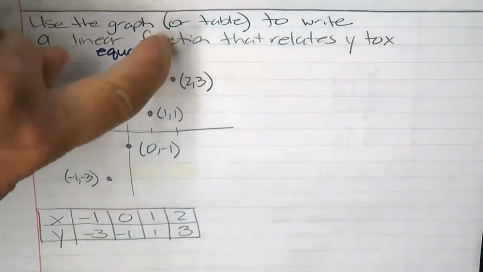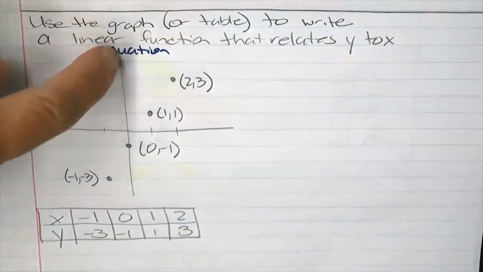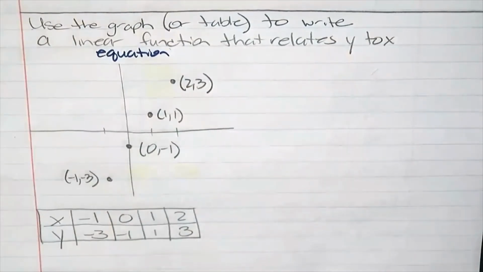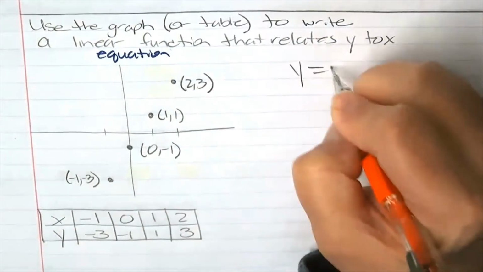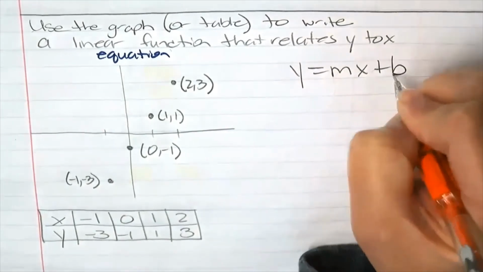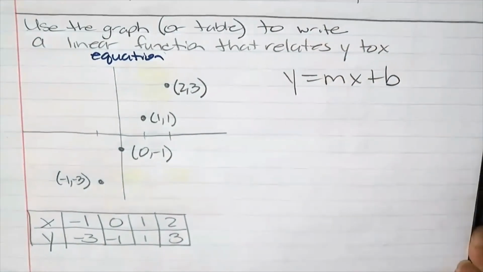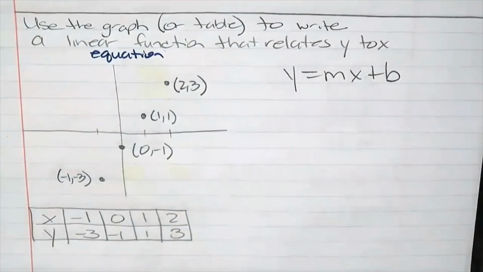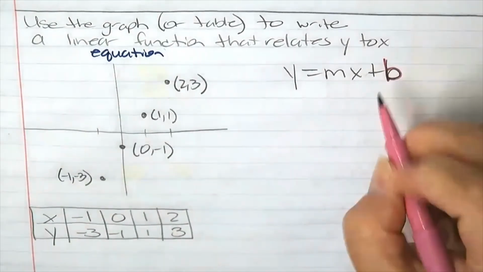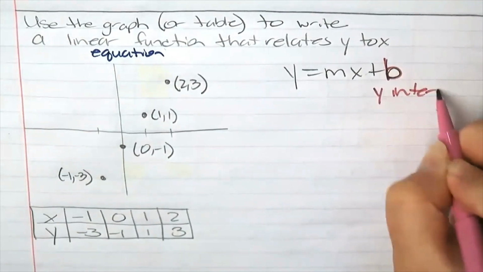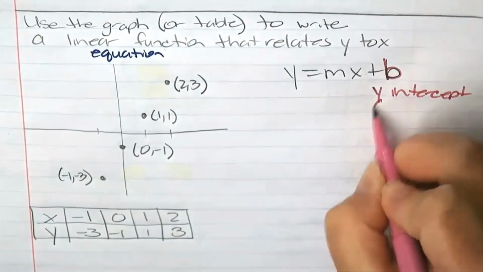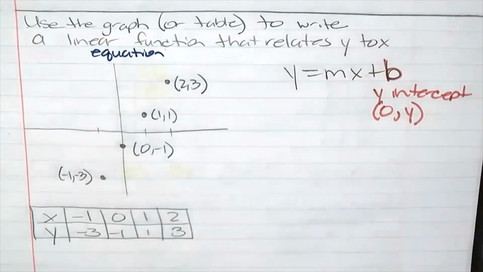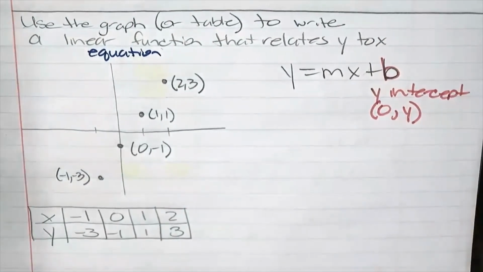Well, a linear function or a linear equation we know is represented by y equals mx plus b. We know that b is the y-intercept. When x is 0, what is y? Well, let's take a look.